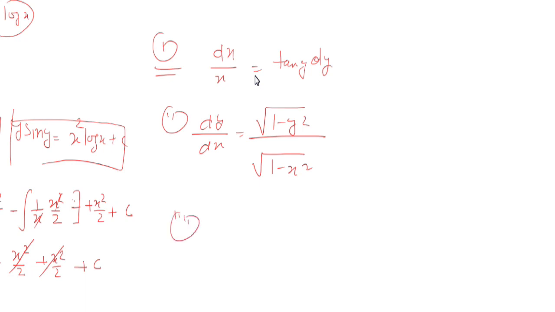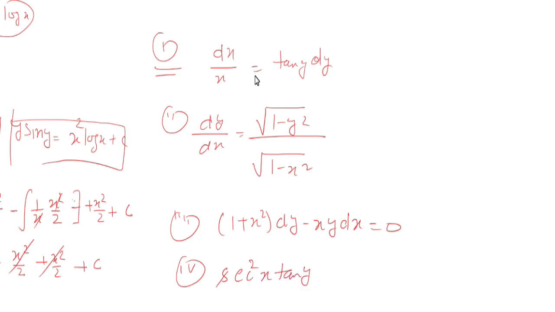The third question is 1 plus x square dy minus xy dx equal to 0, and the last one is a trigonometrical function, tan y dx plus sec square y tan x dx equal to 0.